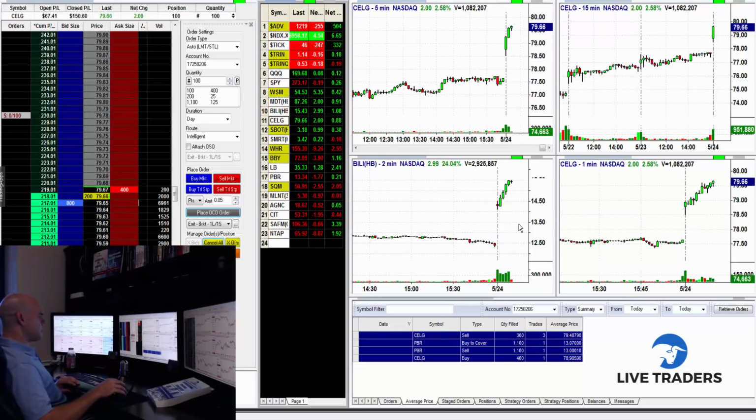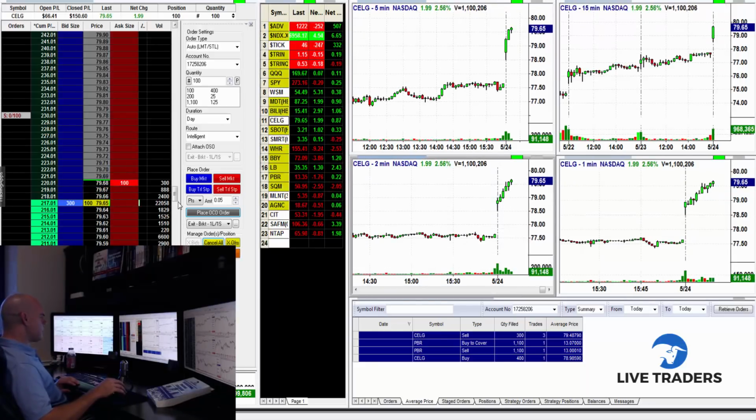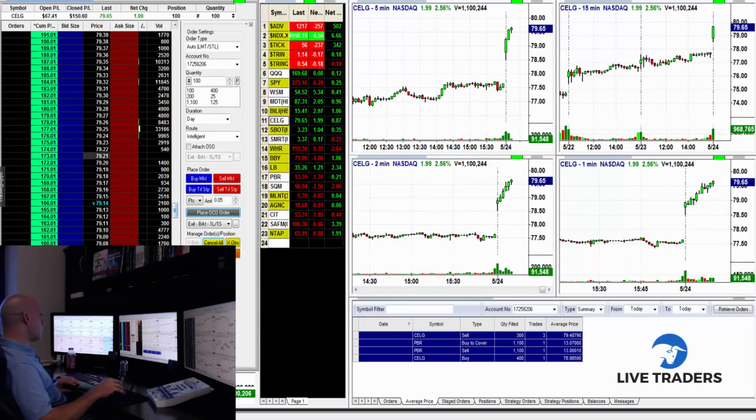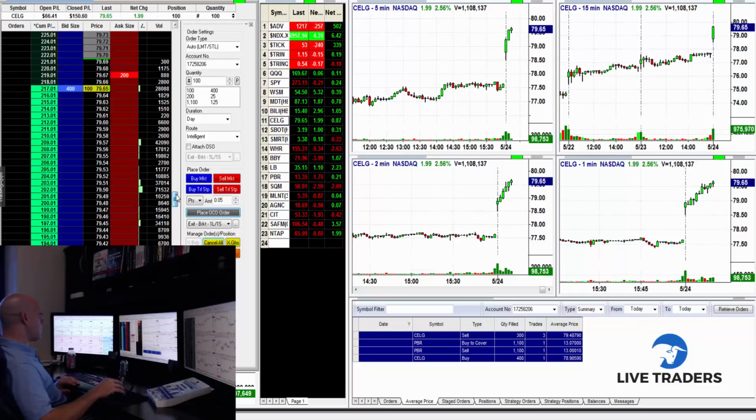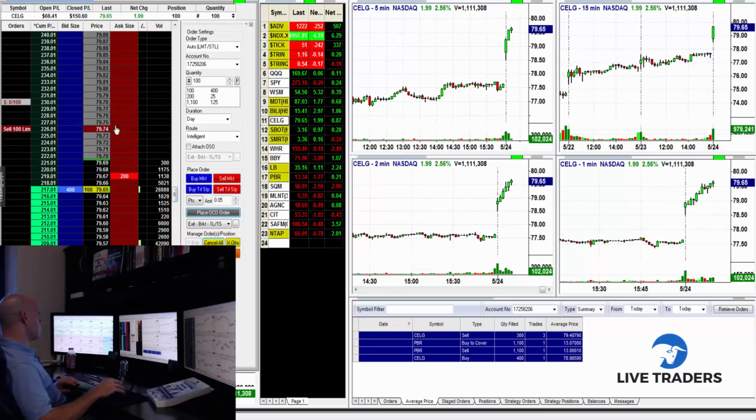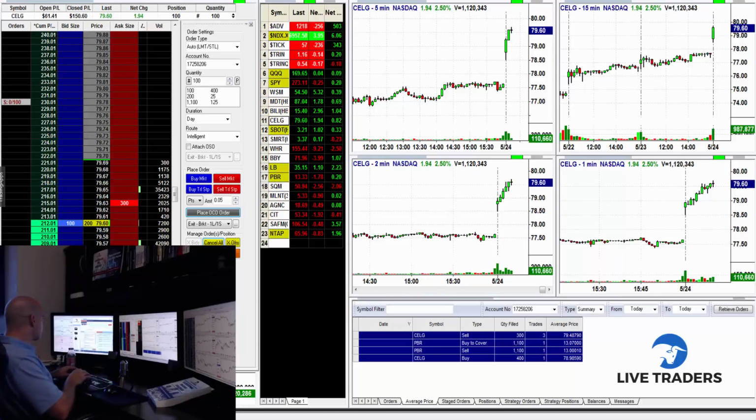Hopefully Selg goes another 10 cents here, guys. Selg stopped 79.20, guys. Selg stopped 79.20. All right, I'm looking for basically another 10 cents from here. Okay, you can see it.